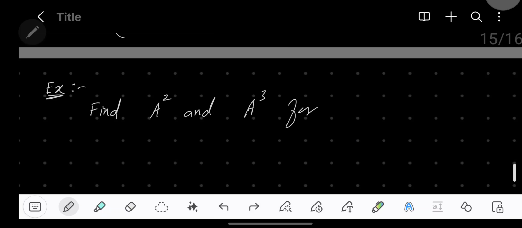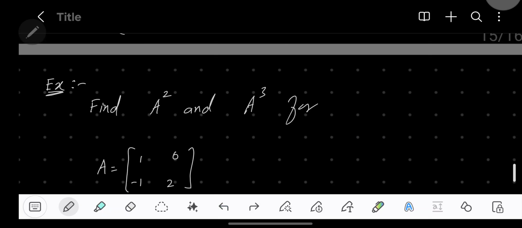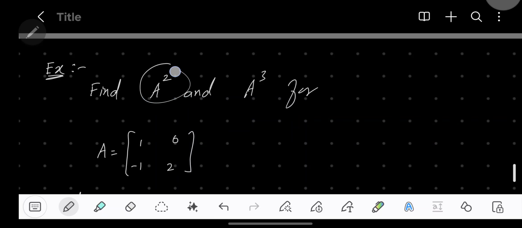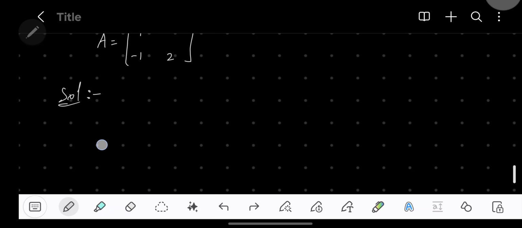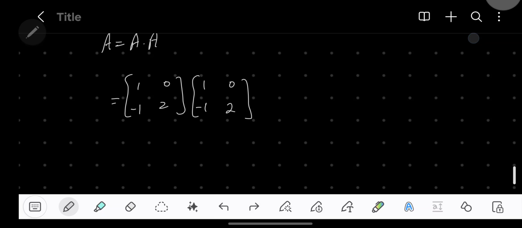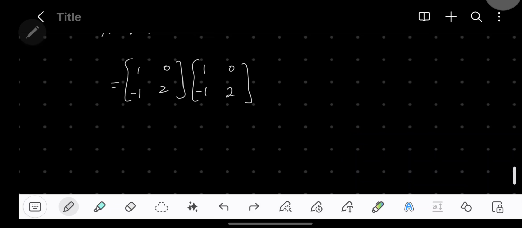If you have a matrix A and you want to find the square and the cube of the same matrix, for the square you write A squared equals A times A, 2 times, because the power is 2.